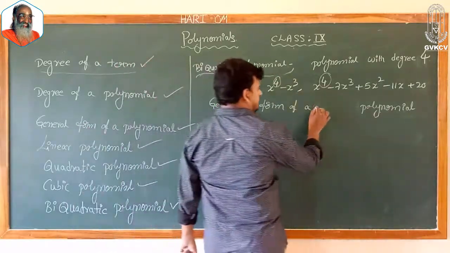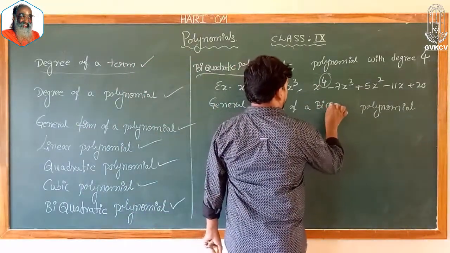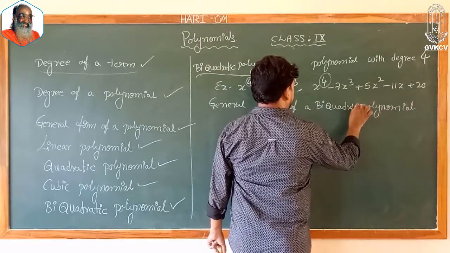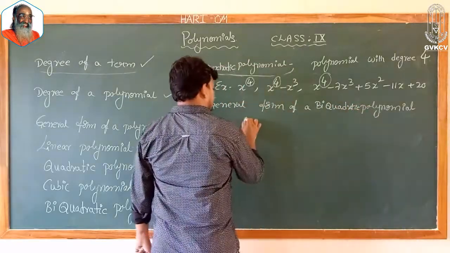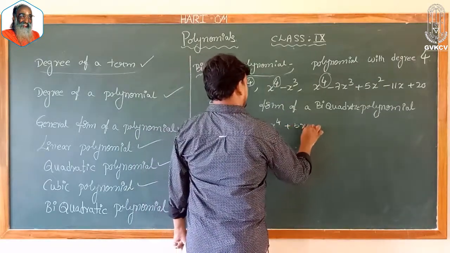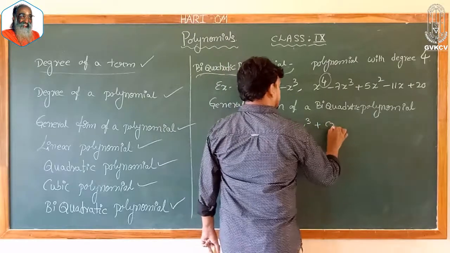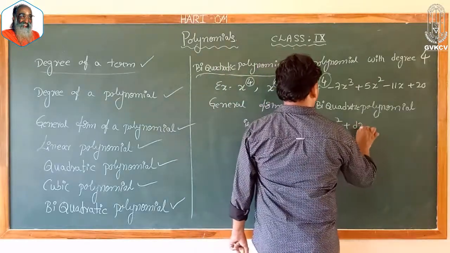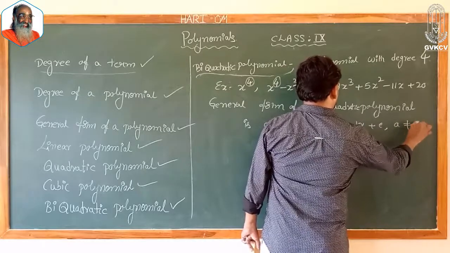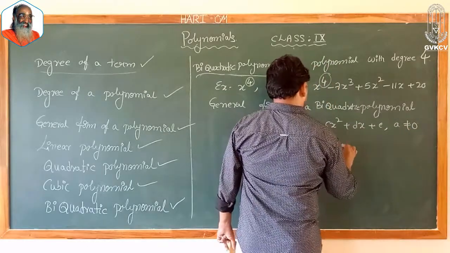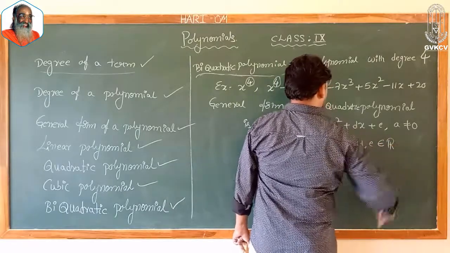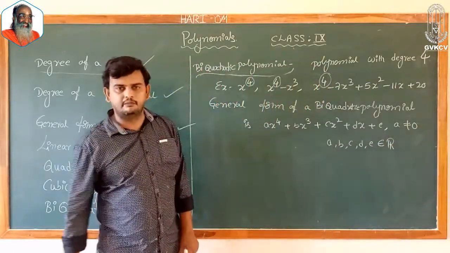So the general form of a biquadratic polynomial is ax to the power of 4 plus bx cube plus cx square plus dx plus e, where a is not equal to 0, and a, b, c, d, e belong to real numbers.